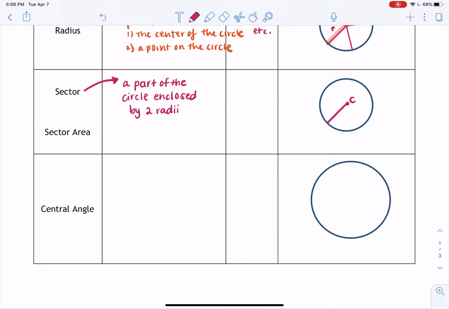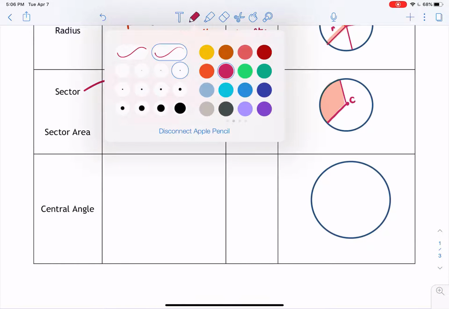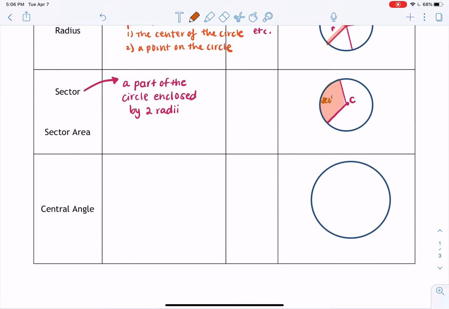That could look like here, here, and the space in between the two radii, that is a sector. Sector area is really just the area enclosed by the two radii. And it's measured in units squared, like area always is.